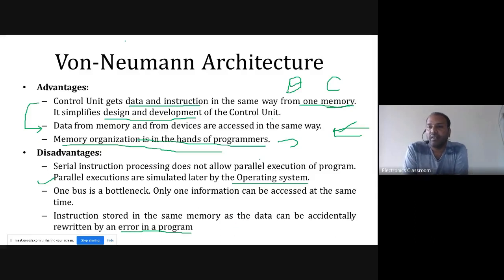For example, instead of an instruction, I have written some data after the instruction, or after the code. Then our program counter will continuously read each and every instruction. After the first instruction, it will read the next instruction. But here, by mistake, I have written some other data.